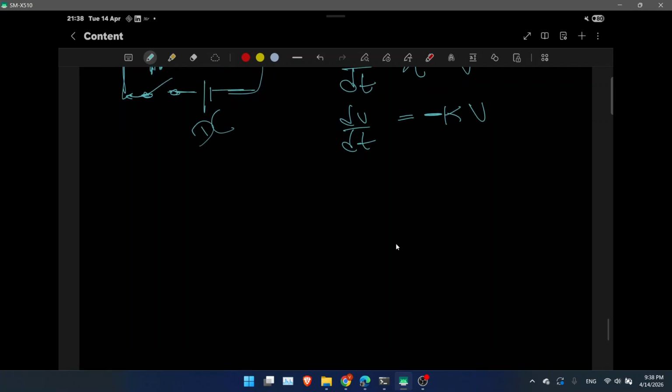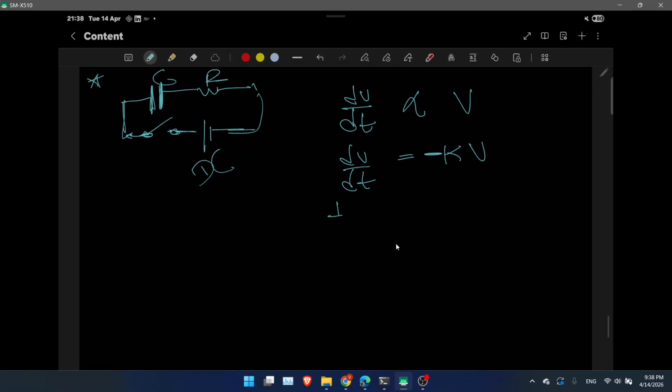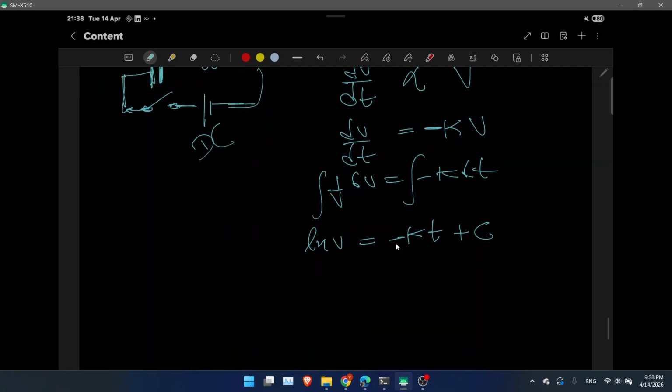So now this is really easy to solve. It's 1 over V dV is equal to minus k dt. When you integrate both sides, you get ln V is equal to minus kt plus c. If you get rid of this ln, we can see that V is equal to e to the power minus kt plus c.